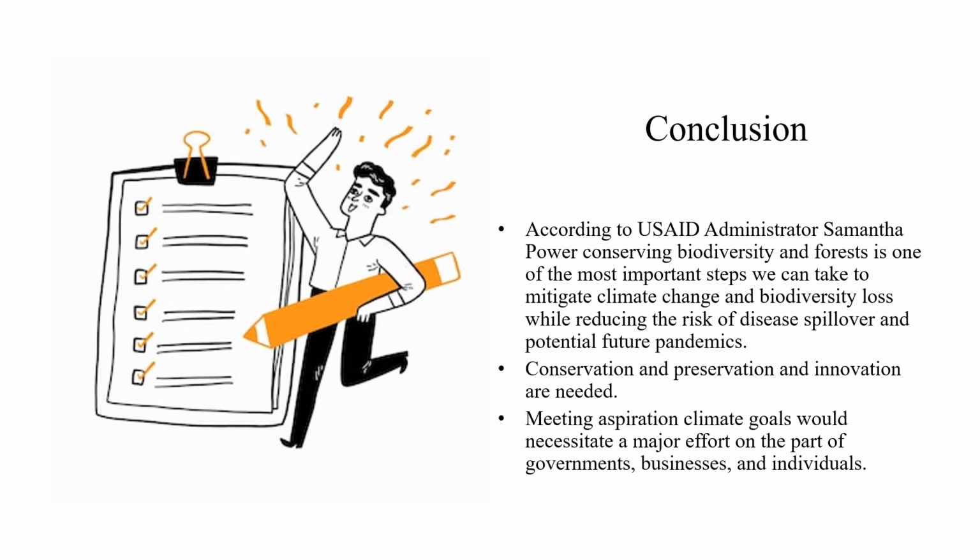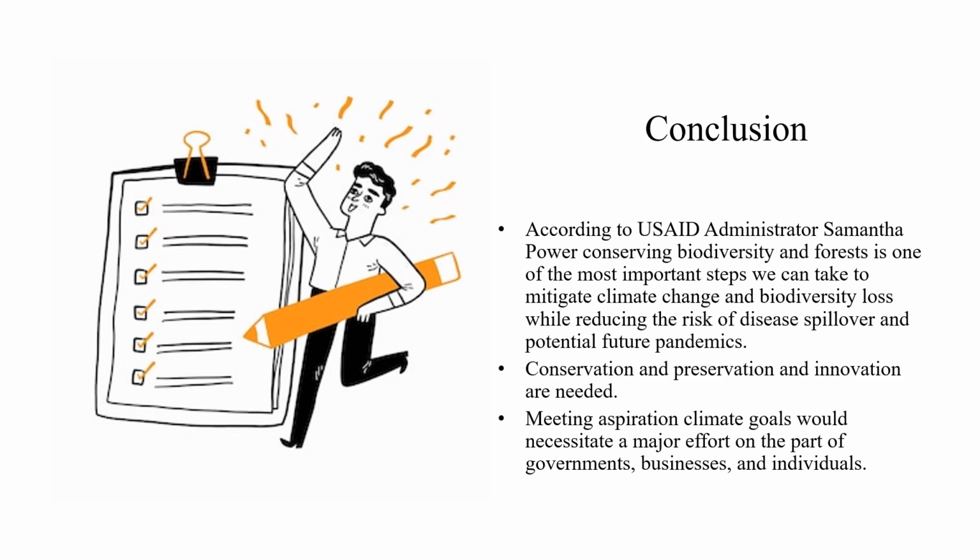According to USAID Administrator Samantha Power, conserving biodiversity and forests is one of the most important steps we can take to mitigate climate change and biodiversity loss while reducing the risk of disease spillover and potential future pandemics.